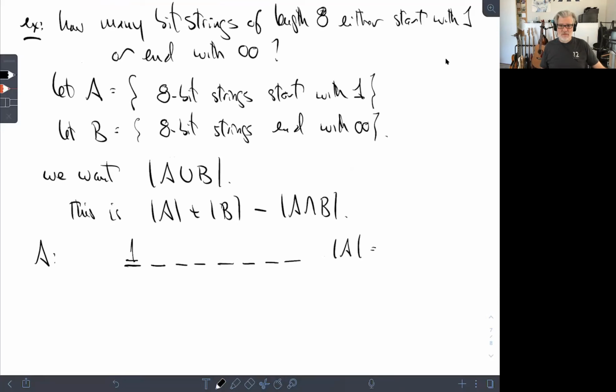Hopefully you see. 2 to the 7? Correct, 2 power 7, right? That's straightforward. So it's the product rule. It's a tuple of length 8. Since there's a 1 in the first position, I don't need to worry about it. Each one of these is 0 or 1. So it's just the product rule, right?